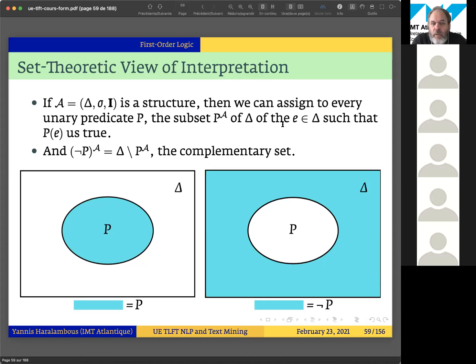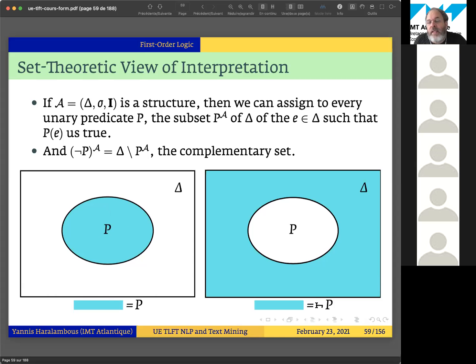So to any unary predicate, we can assign a subset of the domain. It's the subset of elements that makes the predicate true.